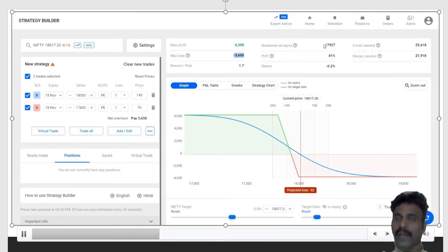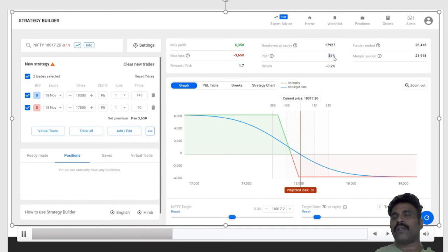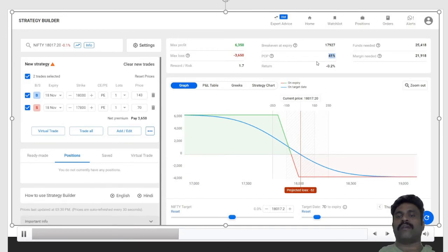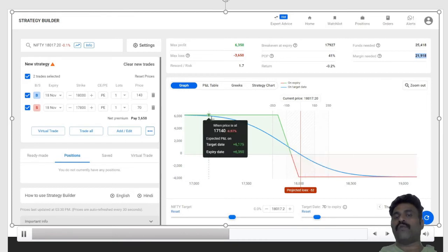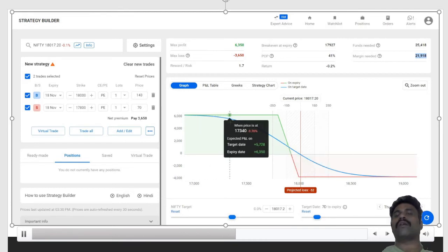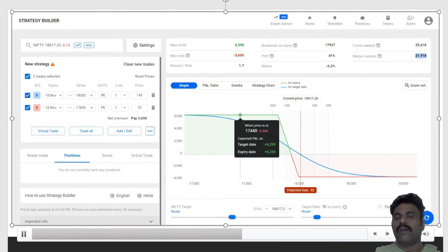When will I get this? When the market goes below 17,927. It means if the market is trending below 17,927, I will not be in loss. So this is the strategy you have to implement when you feel that the market will definitely go down this week, right?